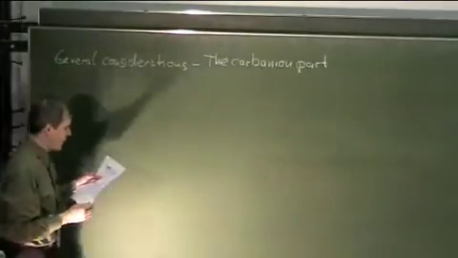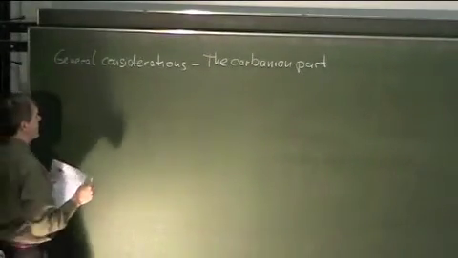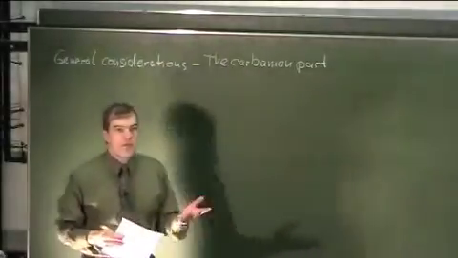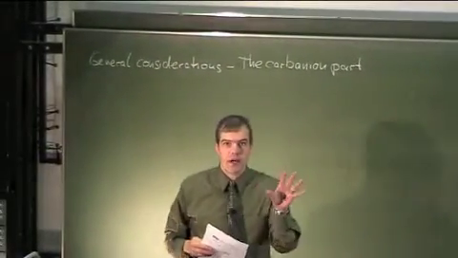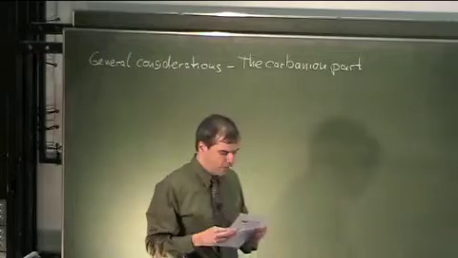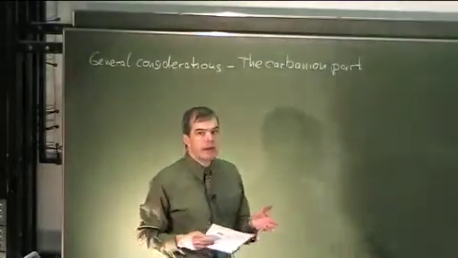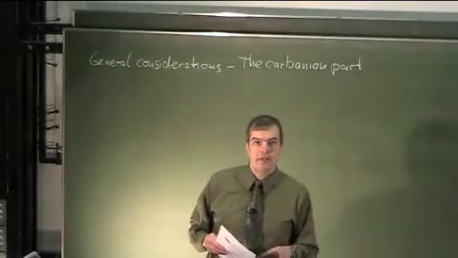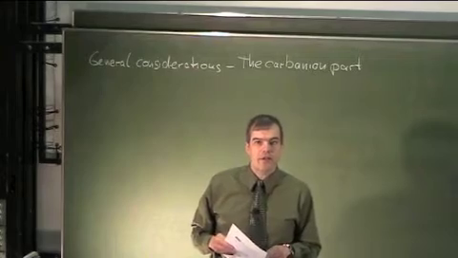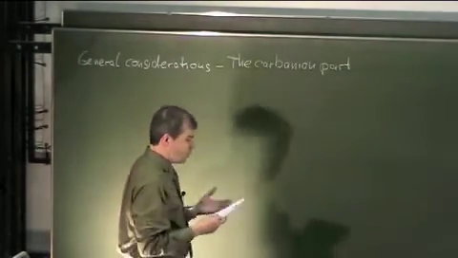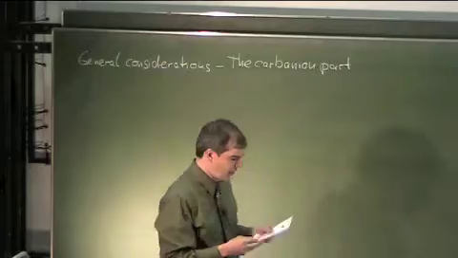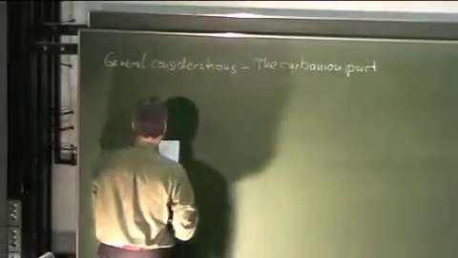And so let's first look at the carbanion part. You can, of course, envision various types of carbon substituents being attached to the metal. And depending on how acidic or basic the substituent is, the more stable and the less reactive the organometallic compounds are.